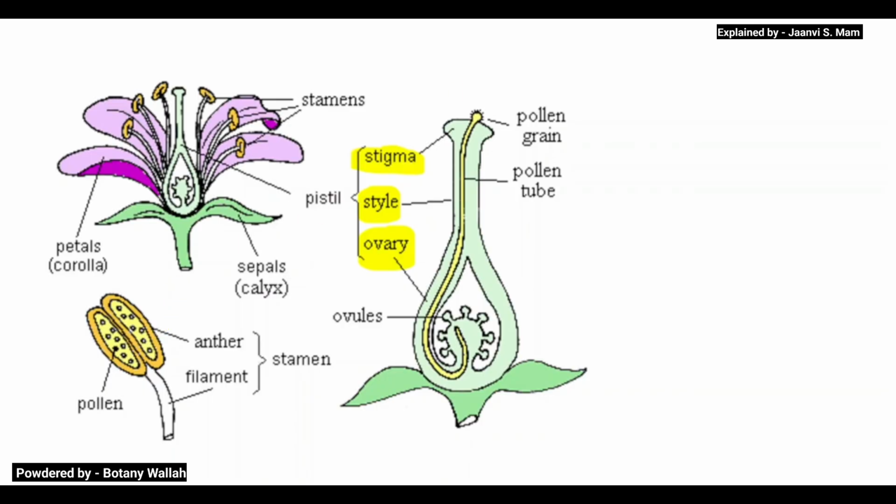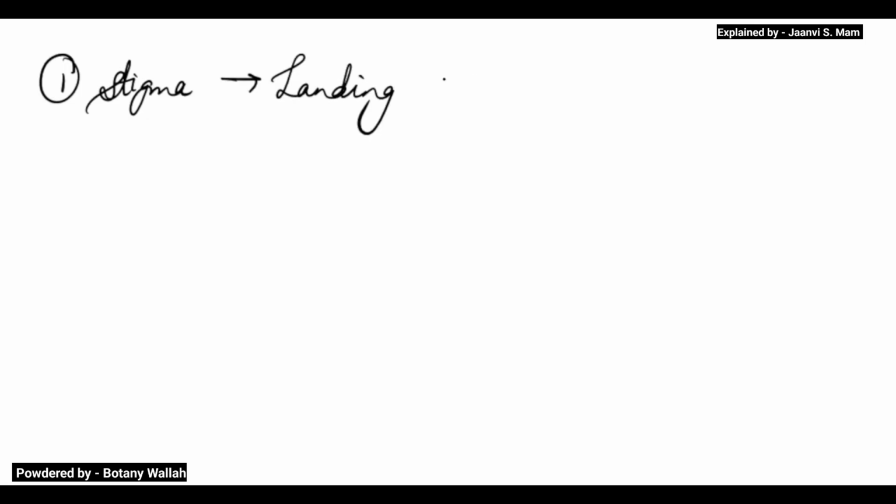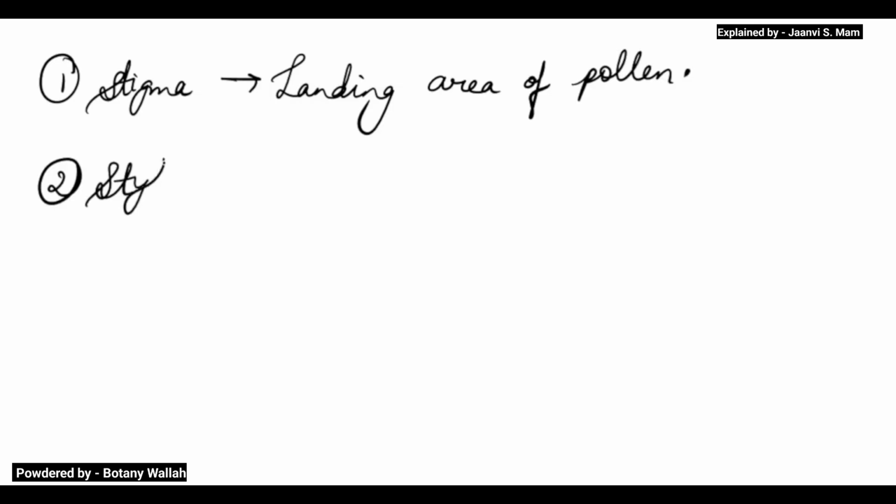The place where, if you can see in the diagram, the pollen grain lands, that part is known as stigma. So stigma is the first part, and this is the landing area of pollen grain. The second part is style.